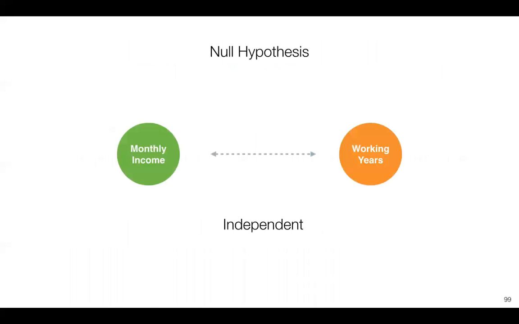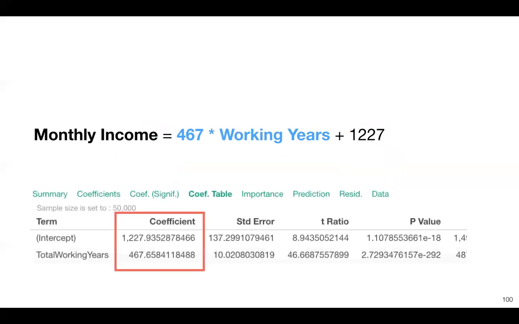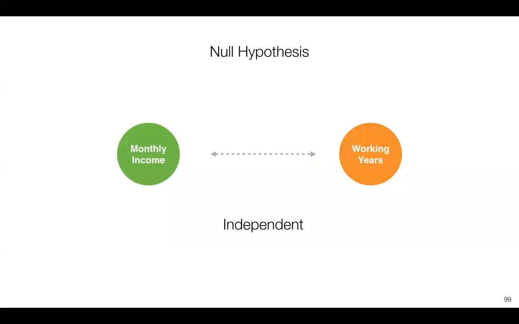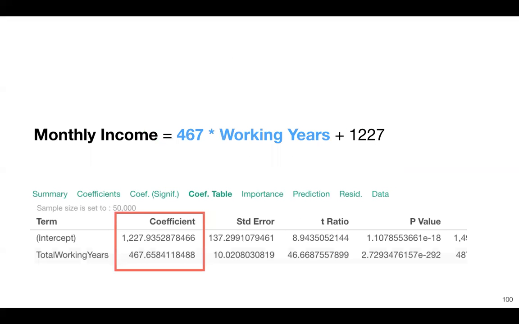For example, let's start with the working years, which we had already. The null hypothesis means the monthly income and the working years are independent, so there's no effect on each other. And then we get $467 as the slope, or coefficient, for working years, right?